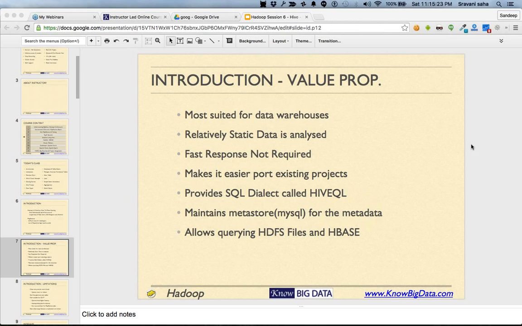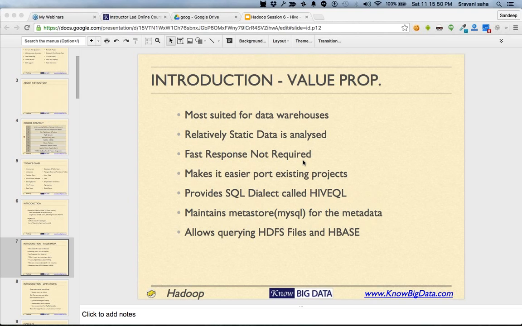But in Hive, like in databases, if you create a table, it is persistent. It is there even when you connect again. Therefore, Hive had to store the data somewhere, and that is the metastore. The definition of tables is stored in the metastore. We'll be creating tables over data. It allows querying HDFS files and HBase.